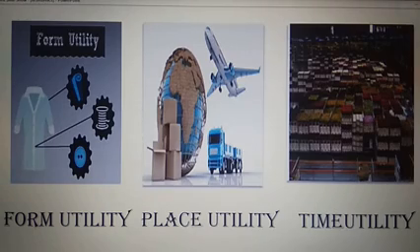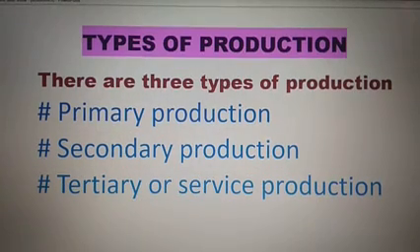Next, there are three types of production. First one, primary production. Next one, secondary production. The last one is tertiary or service production. Let me go through each heading. First one, primary production.